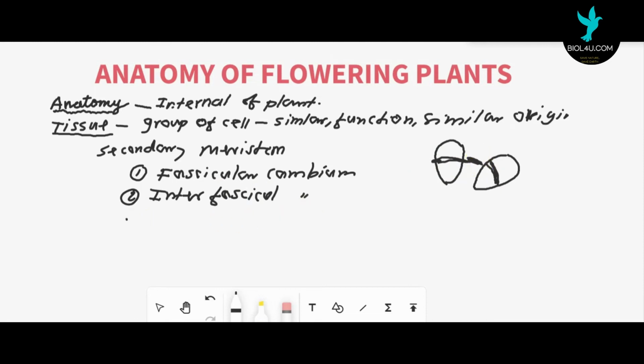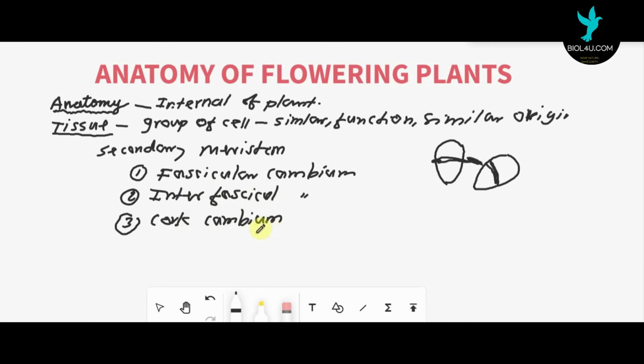Then another cambium, present in the cork, is known as the cork cambium, which you can see during secondary thickening, when the plant increases its girth. At that time you can see the cork cambium. So the fascicular cambium, interfascicular cambium and cork cambium are examples of the secondary meristem.